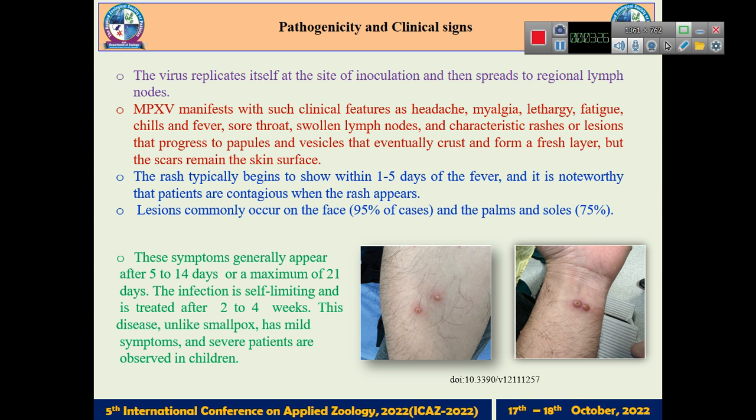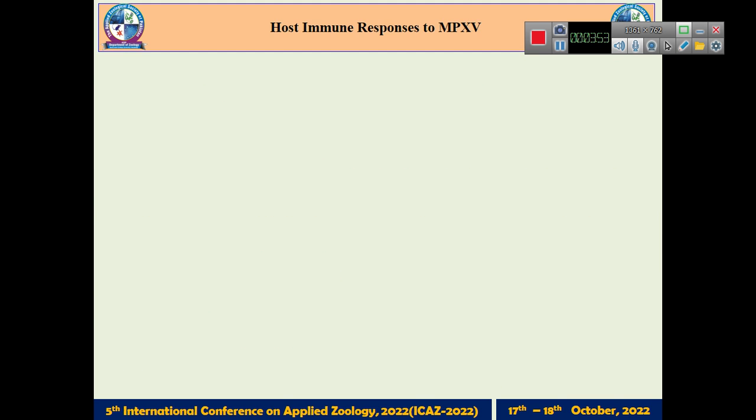These symptoms generally appear after 5 to 13 days or a maximum of 21 days. The infection is self-limiting and resolves after 2 to 4 weeks. This disease, unlike smallpox, has mild symptoms and severe cases are observed in children.